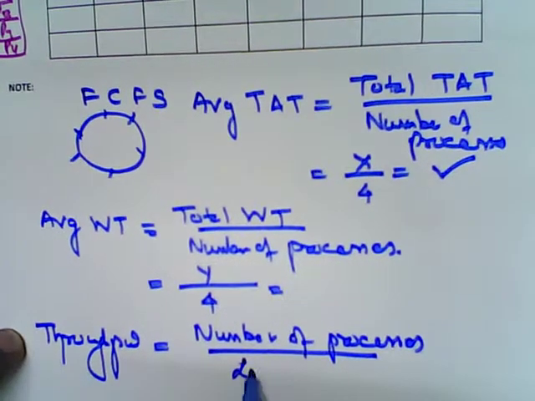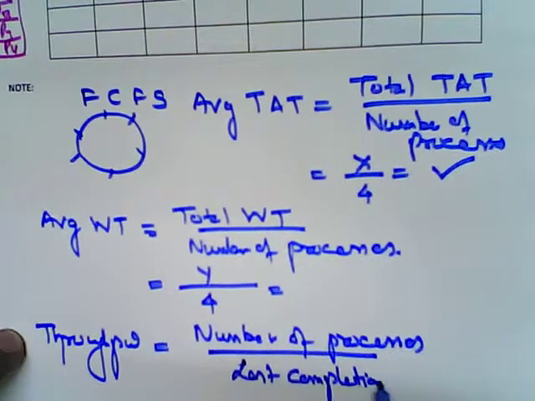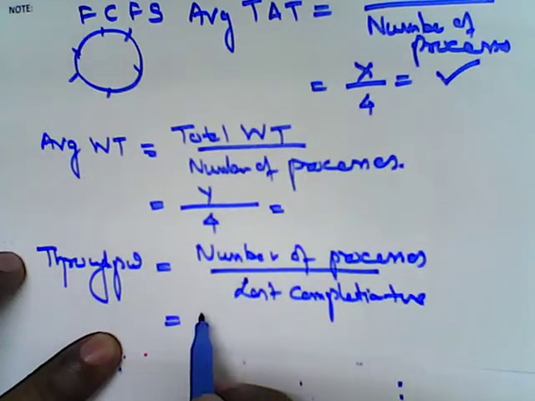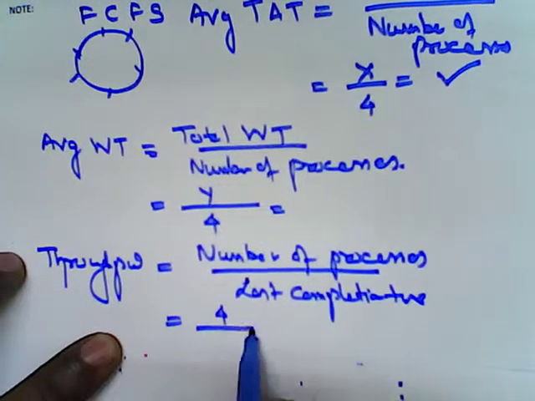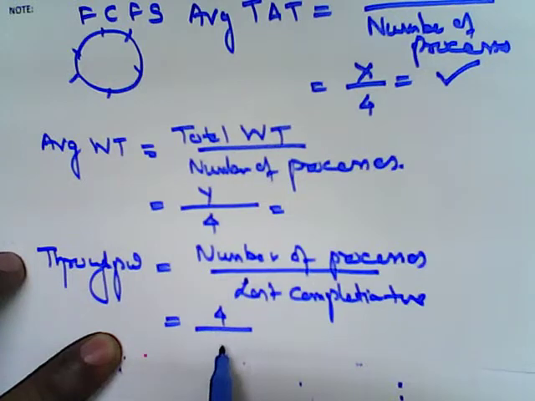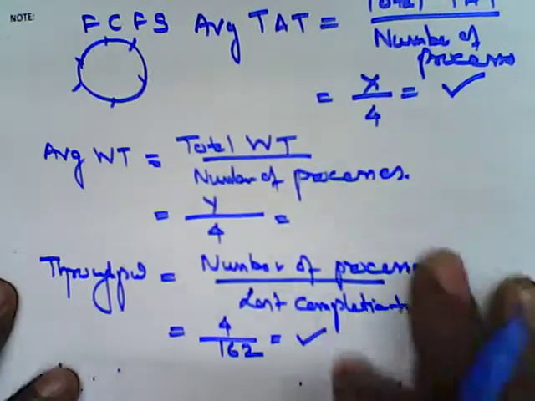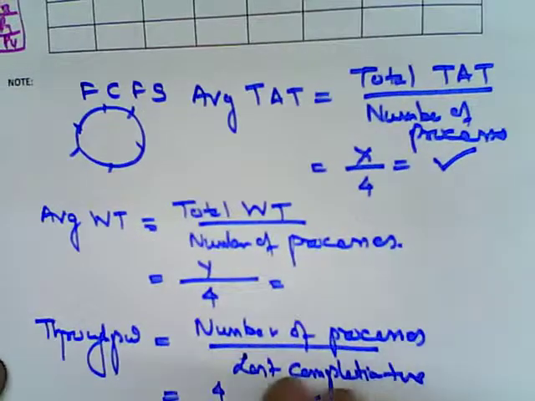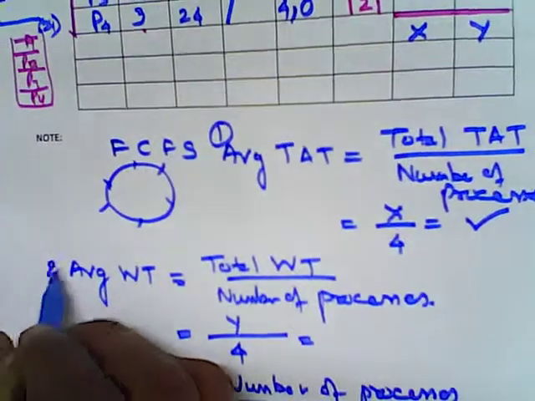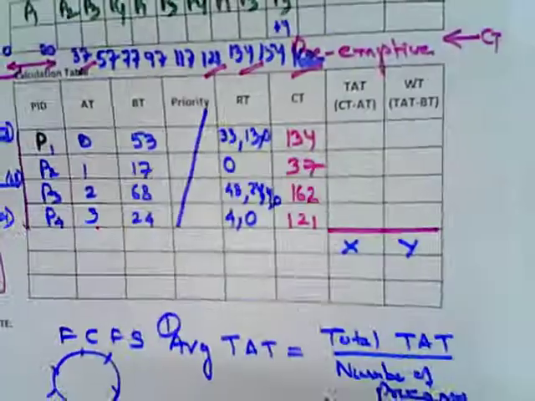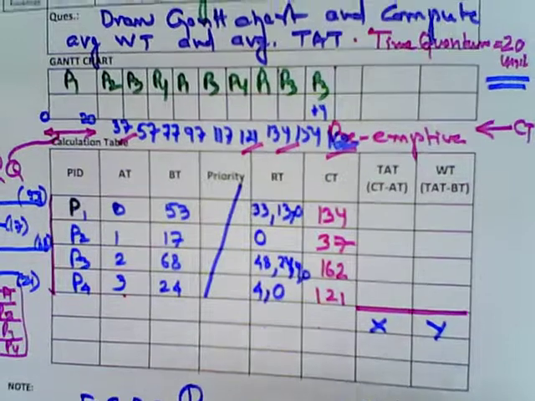So how many processes are there here? The number of processes is 4. What is the last completion time? It is 162. So that is the answer. So these 3 things you try to compute. Okay. So this is an exercise based on my previous series slides, which I have put for the students to learn. Thank you.